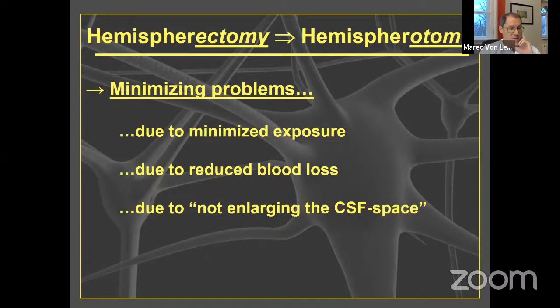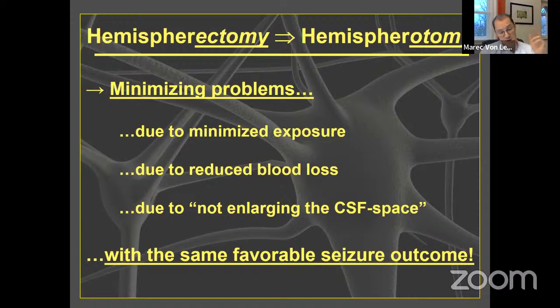And the most problems in the long run follow from this enlarging of the CSF space. You have a large resection cavity filled with CSF, and most problems, hydrocephalic problems, might arise from this issue.